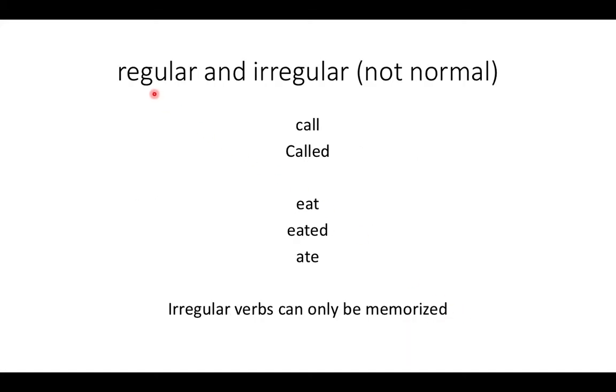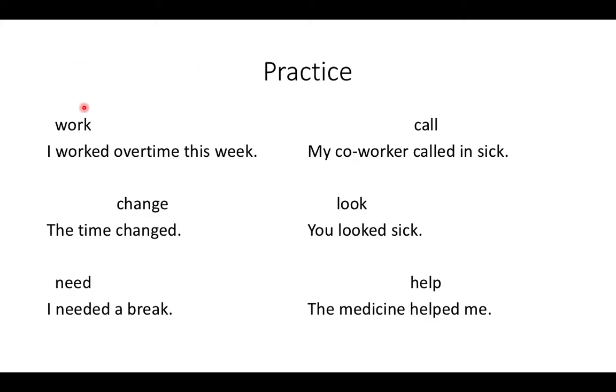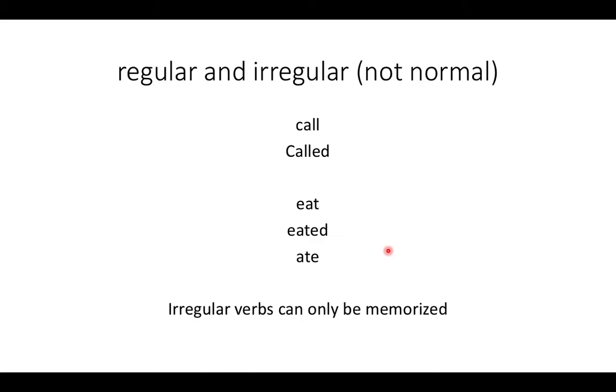So there, like I said, there are regular and irregular. Irregular just means not normal verbs. Regular is normal verbs. So all of these words that you just add an ed, those are regular verbs. Irregular verbs are tricky. So a regular verb like call, to make it past tense, we just add an ed, right?